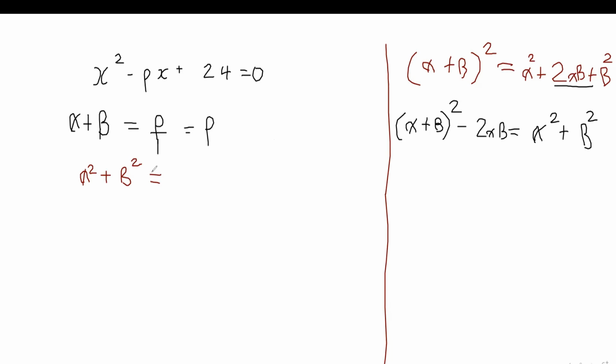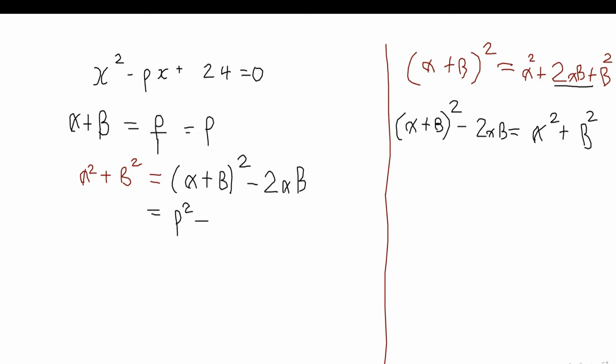So now we can just say alpha squared plus beta squared is equal to alpha plus beta all squared minus 2 alpha beta. Agreed? Yes, sir. So now we already know alpha plus beta is p. So that's p squared minus 2 times alpha beta.